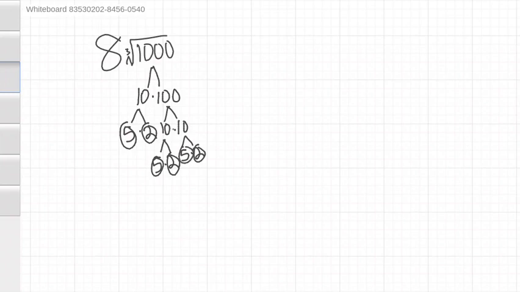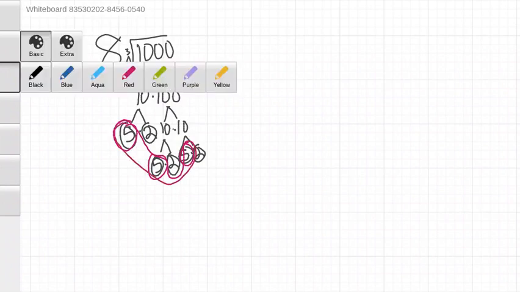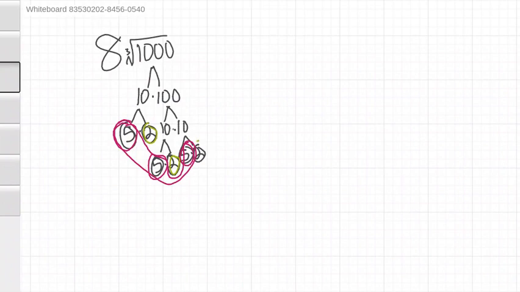So now we need to find our trio. We can see there are 3 5's, so that would be our trio. And there are 3 2's, so that would be a trio.